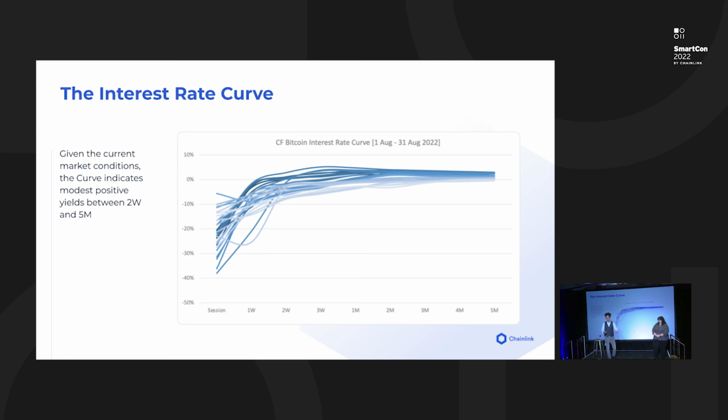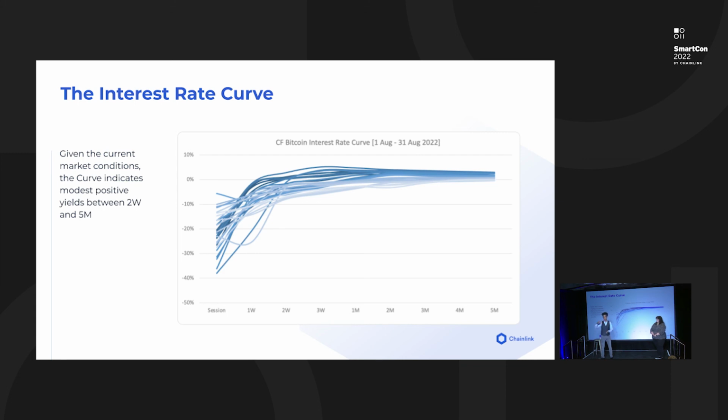And this is what it looks like in terms of final output. So this is an example of what the curve looked like between beginning and end of August. You'll see that it's a little bit bouncy on what we're calling the session rate, which is akin to the overnight, but not quite. But this is the very front end of the curve. And then you can see, because of the perp markets, it bounces around a lot.